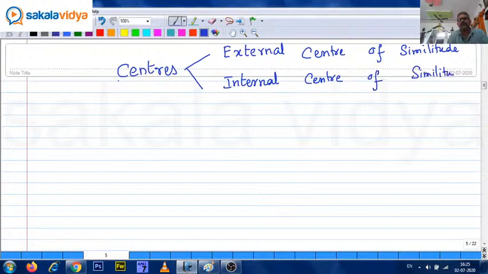So we talk about these two things. What is meant by external center of similitude? What is meant by internal center of similitude?